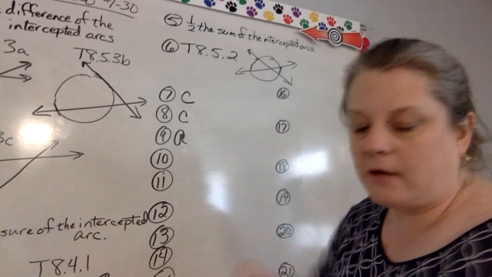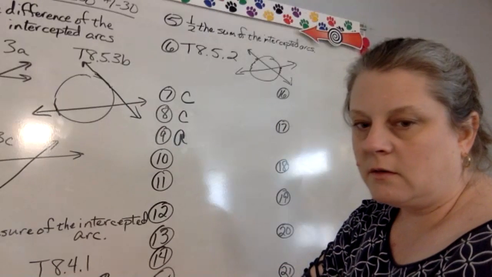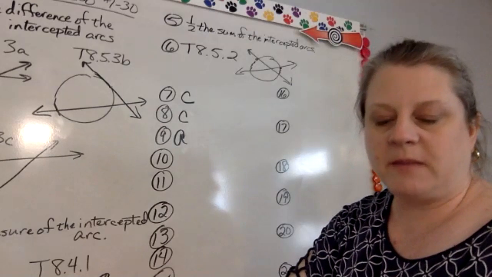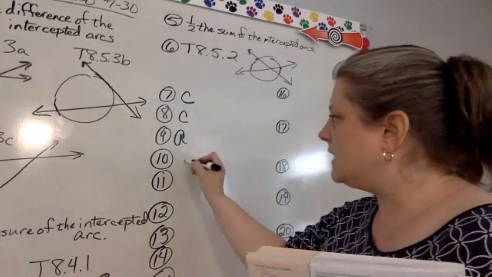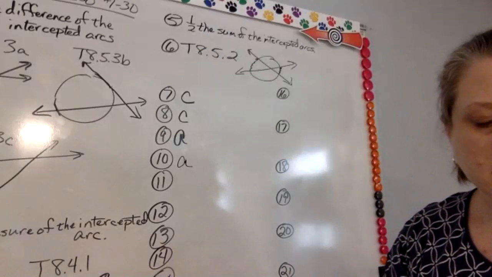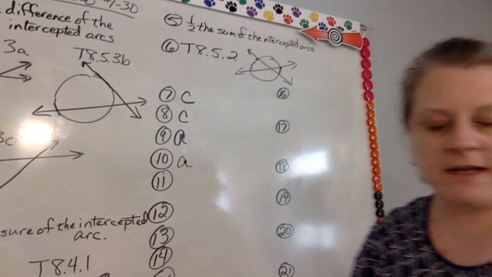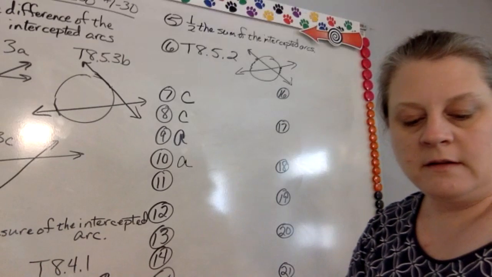So what about number 10, angle 4? You find angle 4. Is its vertex on the circle? Where angle 4 is made, its sides meet on the circle, yes or no? Yes, so then it's also going to be A. Number 11, angle 5, inside, outside? Outside.